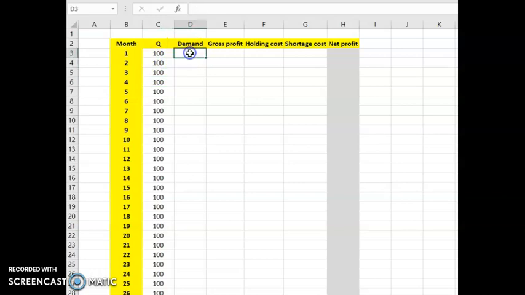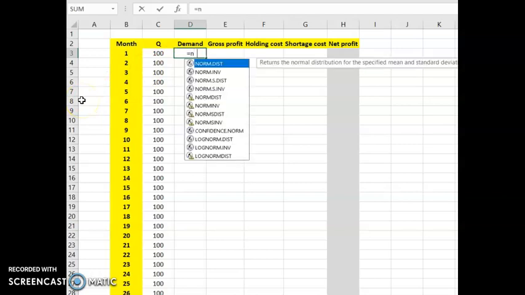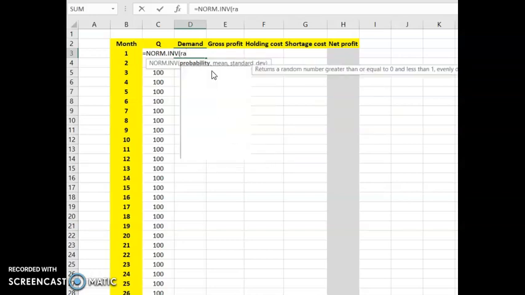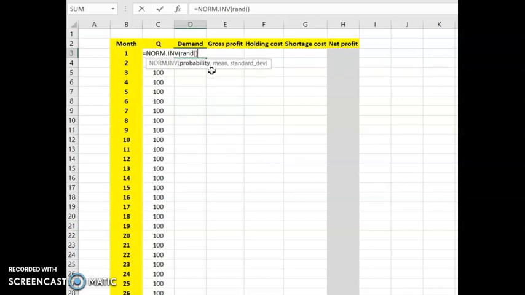The next thing that we are going to do is the demand. Demand is normal, so we are going to generate a random normal number, and here I put the formula, and you can see everything, and the mean is 100 and the standard deviation was 20.